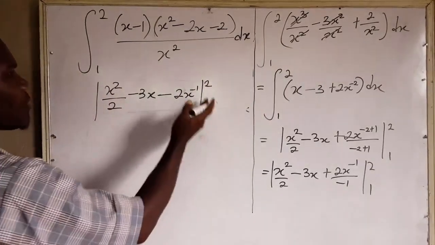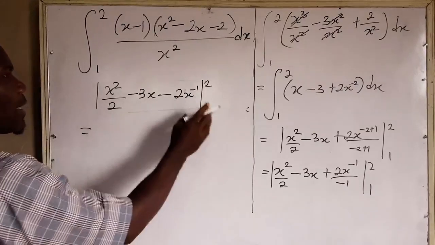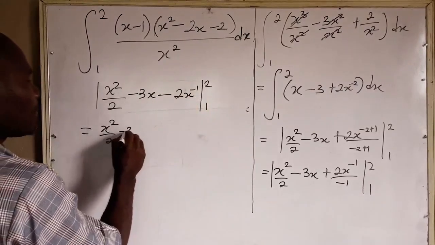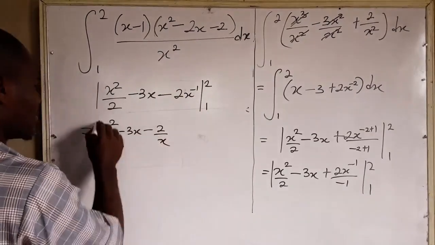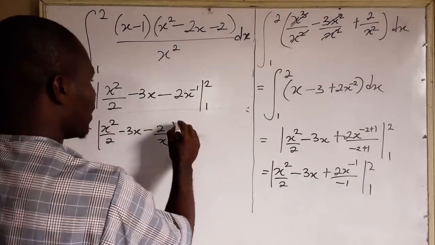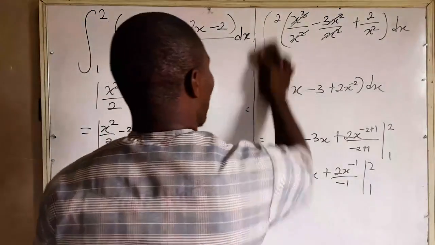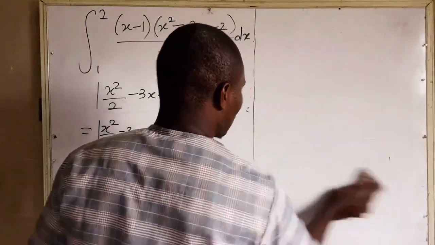Now let's put in the values, but before that, let's rewrite it better to have x squared over 2 minus 3x minus 2 over x. This is exactly what we need to evaluate.